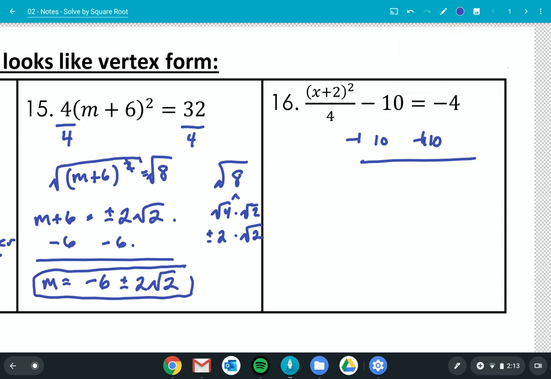Let's see if I can fix this. My pen's acting up. All divided by 4 equals 6.